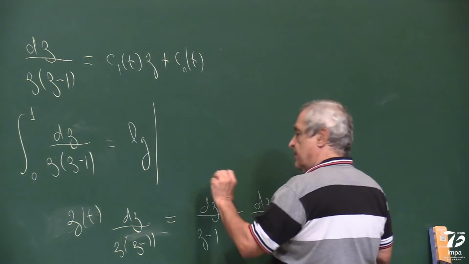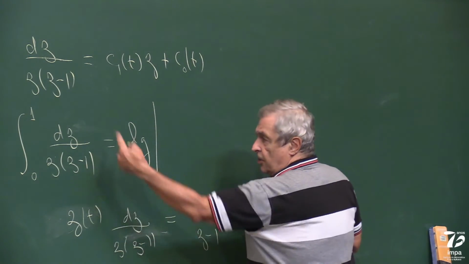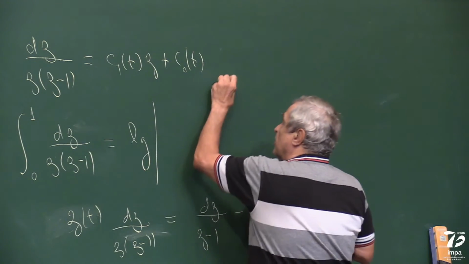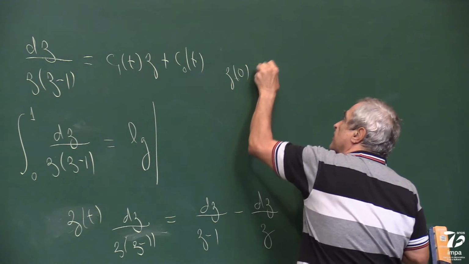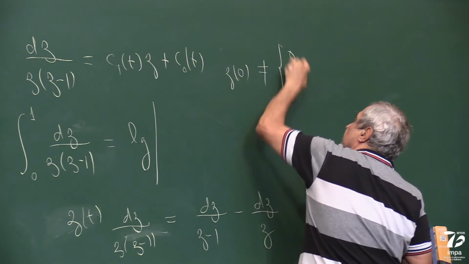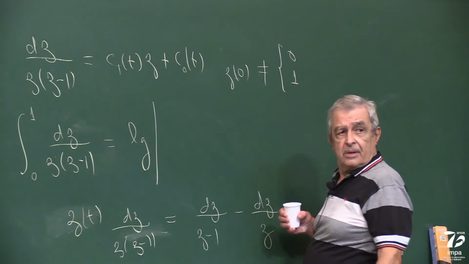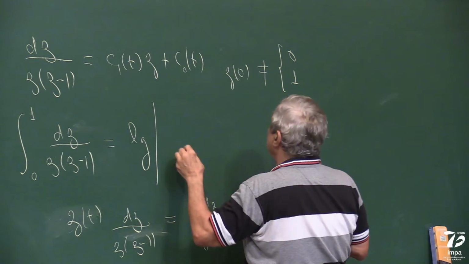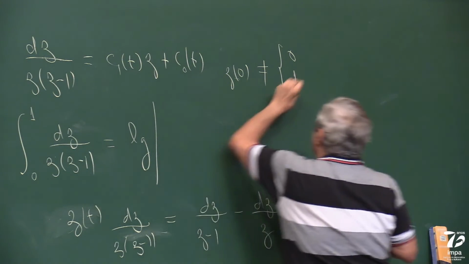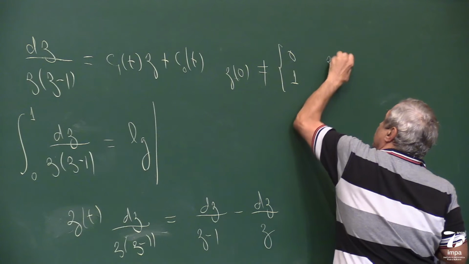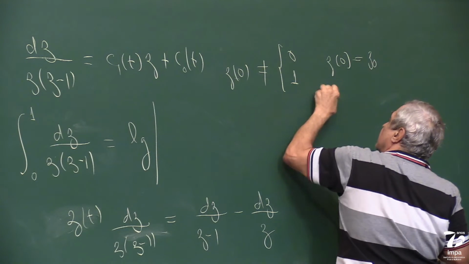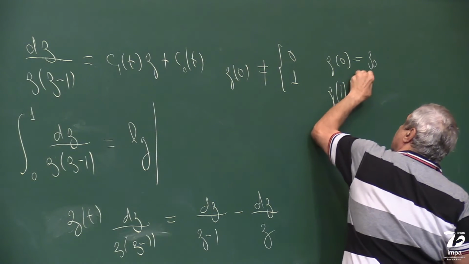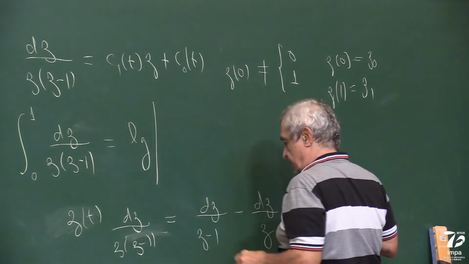So I find another solution with initial condition different from 0 and 1. I'll call them z of 0, z0, and z1.